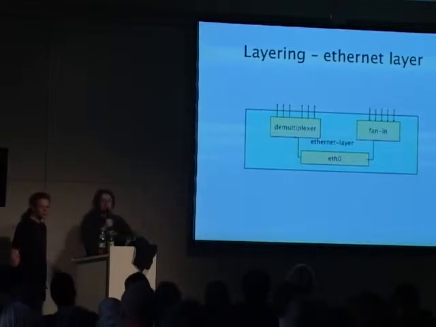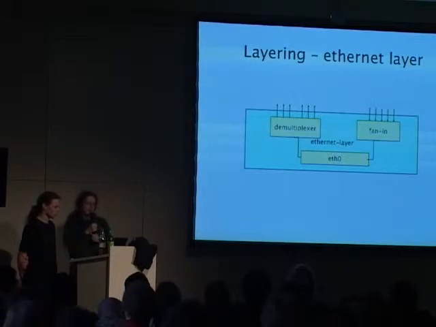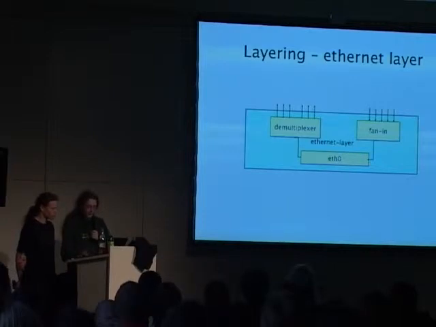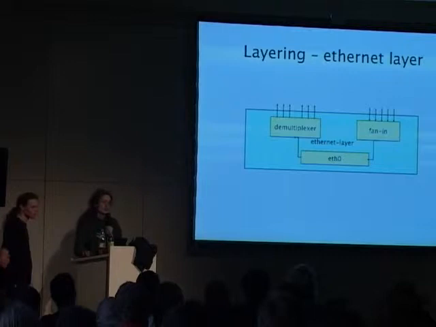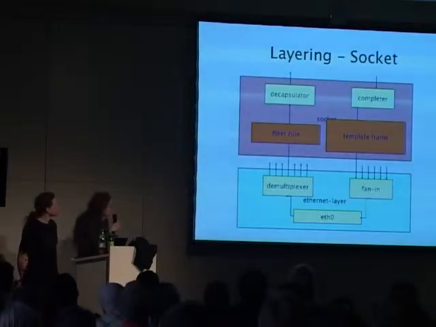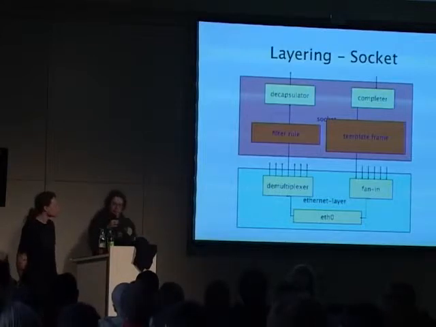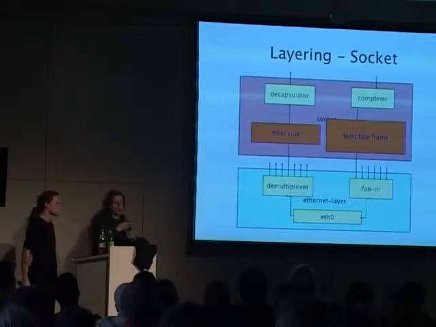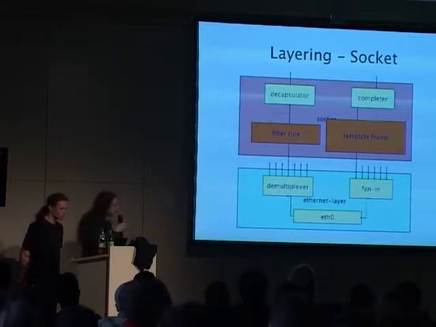And we have a fan-in, which is where the higher layers return their packets to. And of course, if you want to register as a protocol implementation one layer above that, you have to have one demultiplexer output and one fan-in input, connected together in a structure we call a socket, surprisingly.